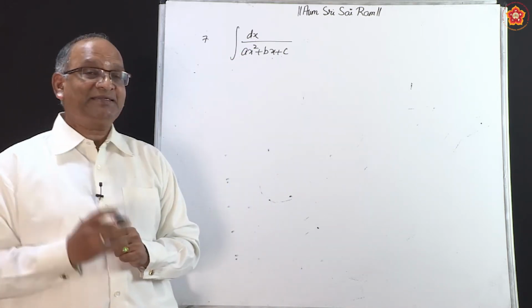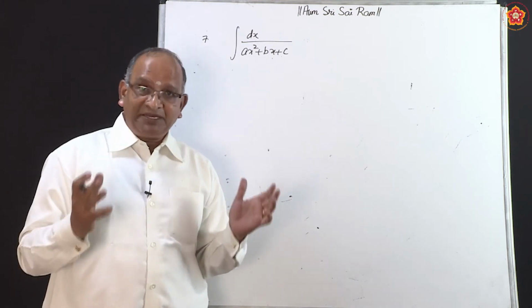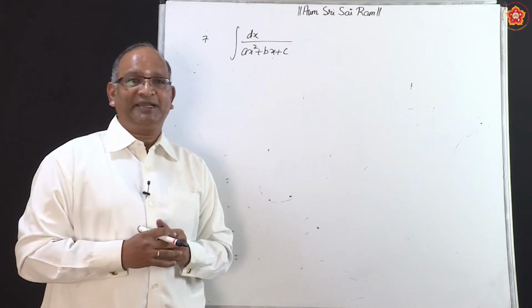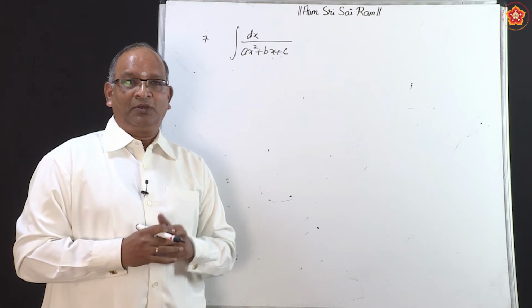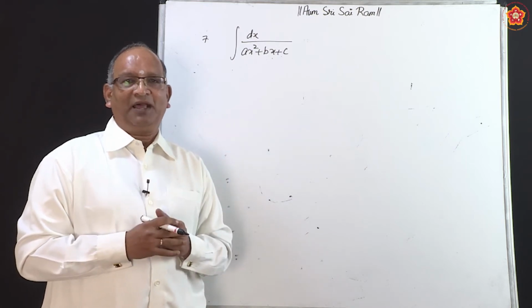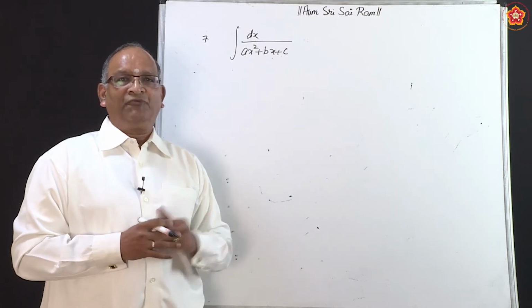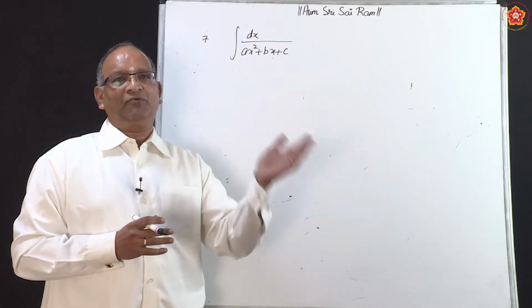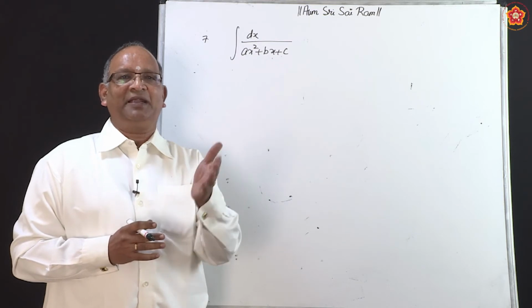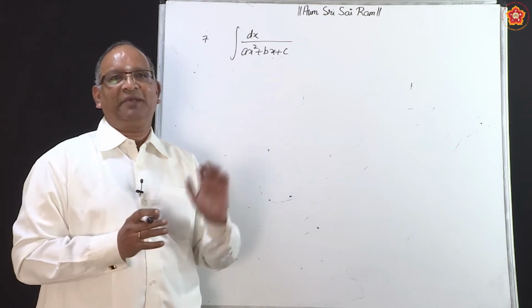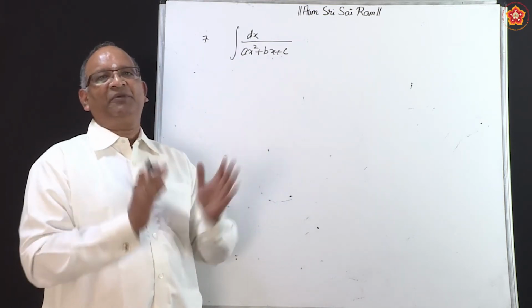So, can you just recollect the derivation of quadratic formula which you studied in 10th standard? How did we derive quadratic formula? If ax squared plus bx plus c equal to 0, we have derived the formula x equal to minus b plus or minus under root of b square minus 4ac by 2a. Same procedure we will be following.